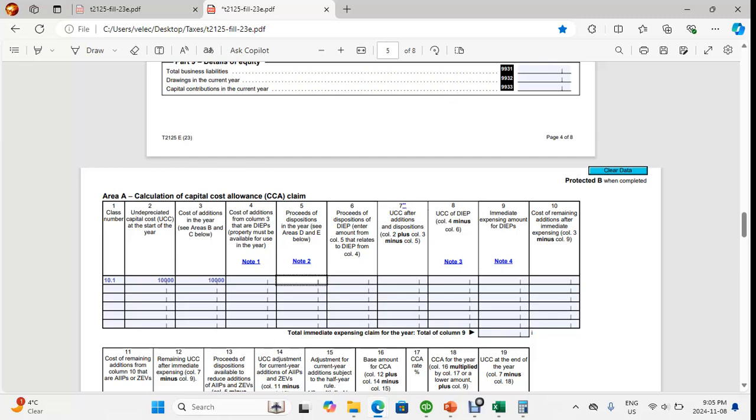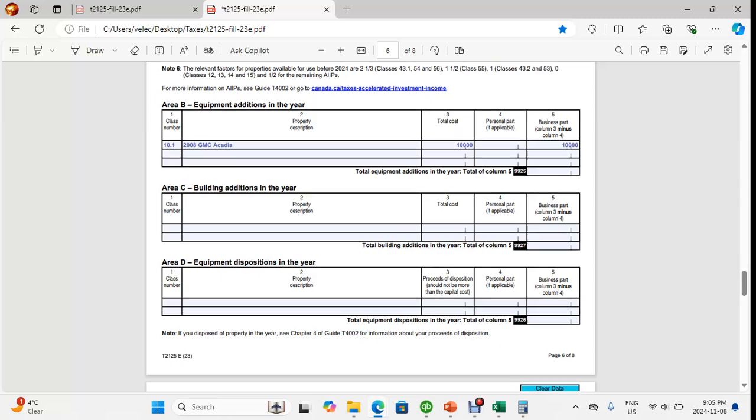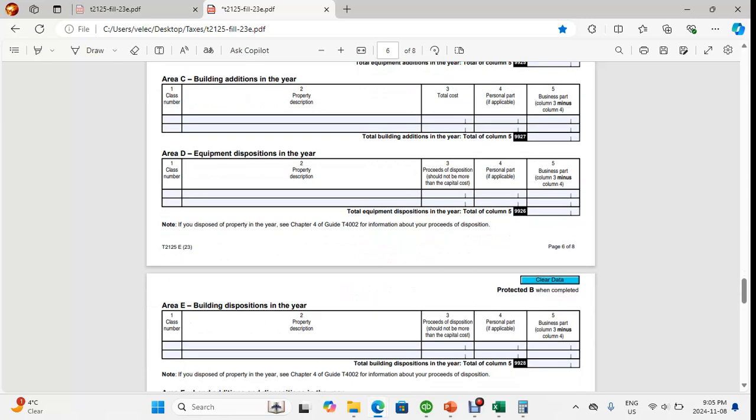Proceeds of disposition will be 15,000. Let's say you sold your vehicle for 15,000, and you will need to declare this amount where it says equipment disposition. So let's say this is 10.1. If you're in the business of flipping vehicles, if you sell your cars, this will be equipment disposition in the year, 2008 GMC Acadia.